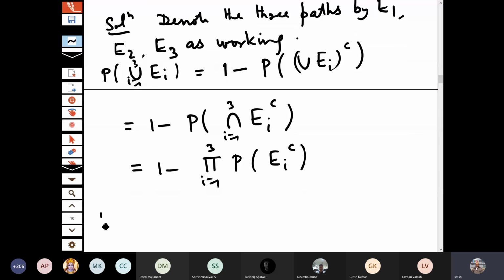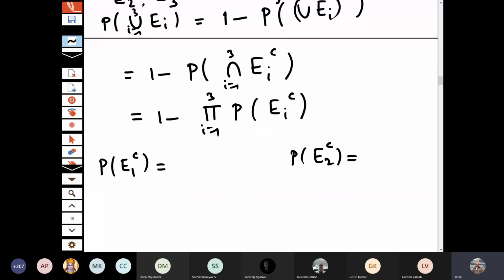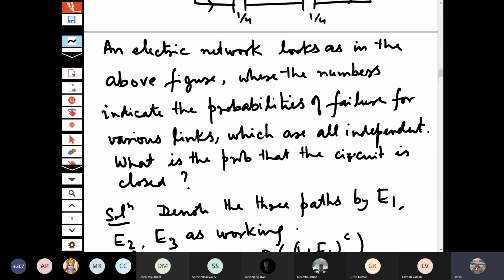What is the probability of say E1 complement? What is the probability of E2 complement? E2 complement is simplest because E2 complement means that the second link is failed.